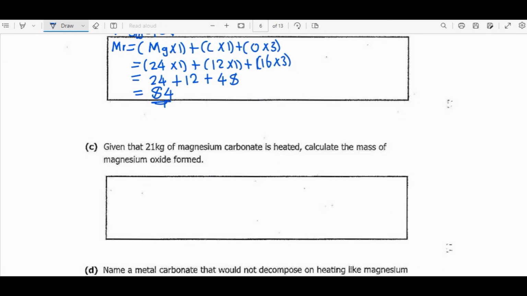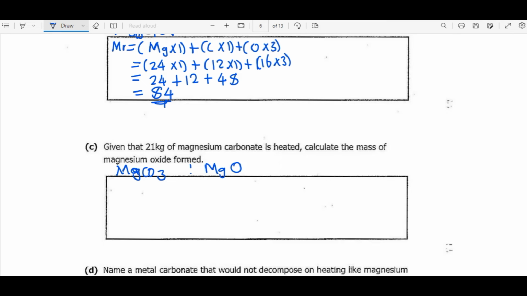Given that 21 kilograms of magnesium carbonate is heated, calculate the mass of magnesium oxide formed. So we have been given the mass of magnesium carbonate. Then our task is we want the mass of magnesium oxide.